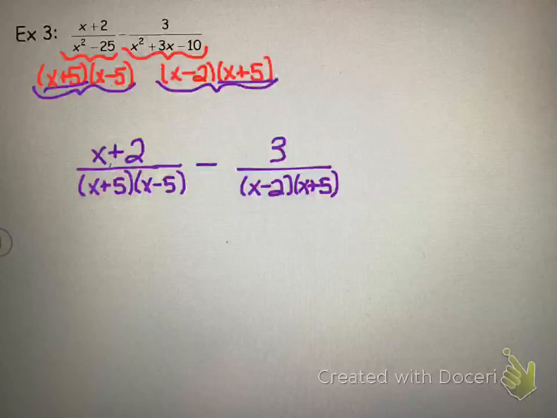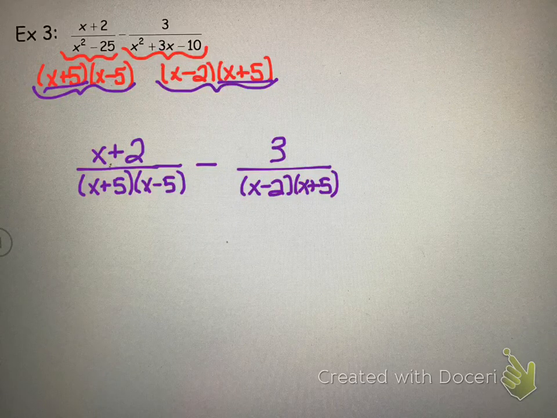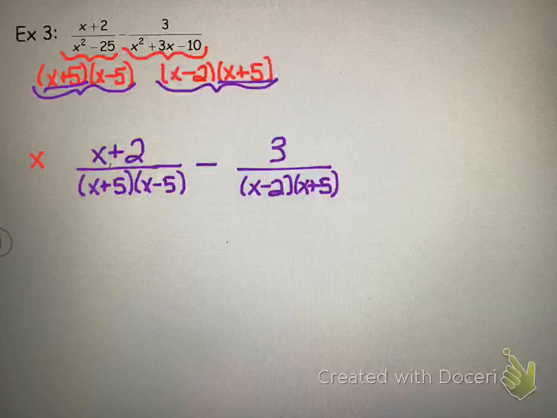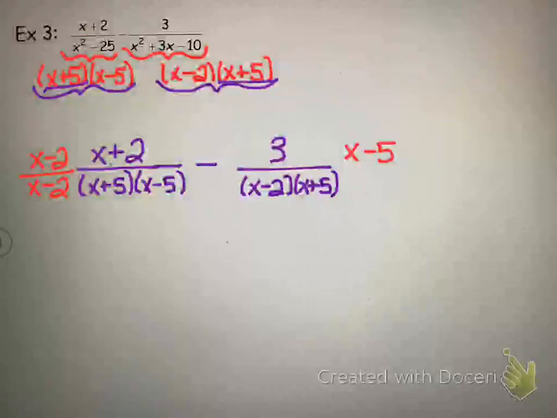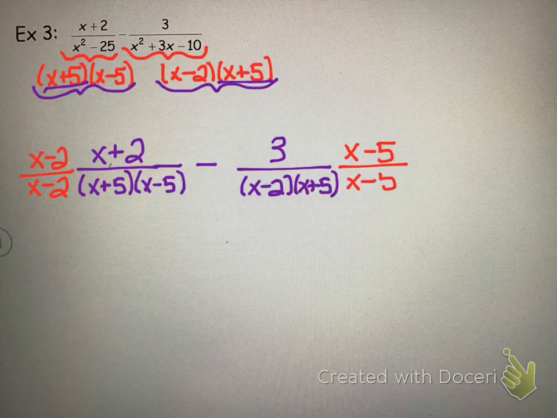And then what I'm going to do is I'm going to multiply the first fraction by x minus 2 over x minus 2. And I'm going to multiply the second fraction by x minus 5 over x minus 5. And so now the two denominators will have all three factors in common with each other.